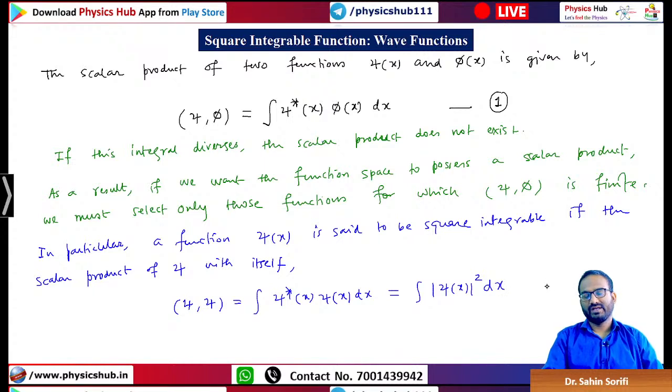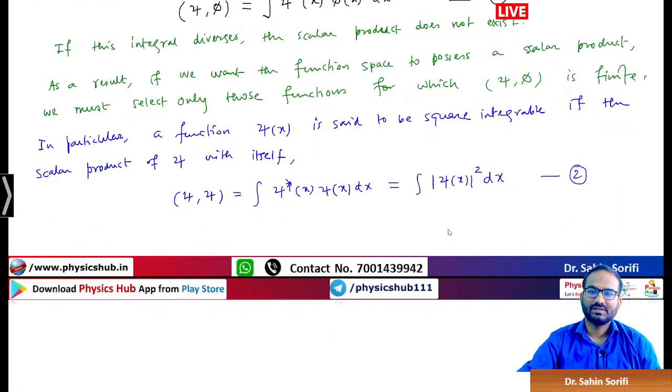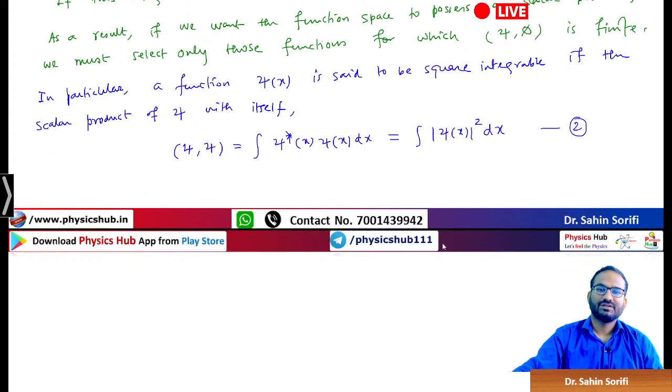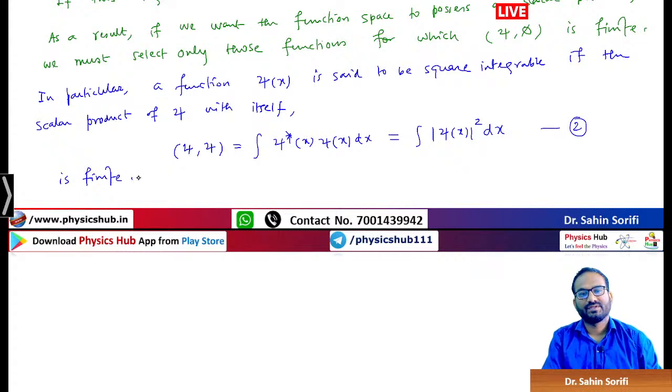Where have you seen this? In the discussion of normalization. If this is finite, we can say that the function is square integrable. Is it clear?